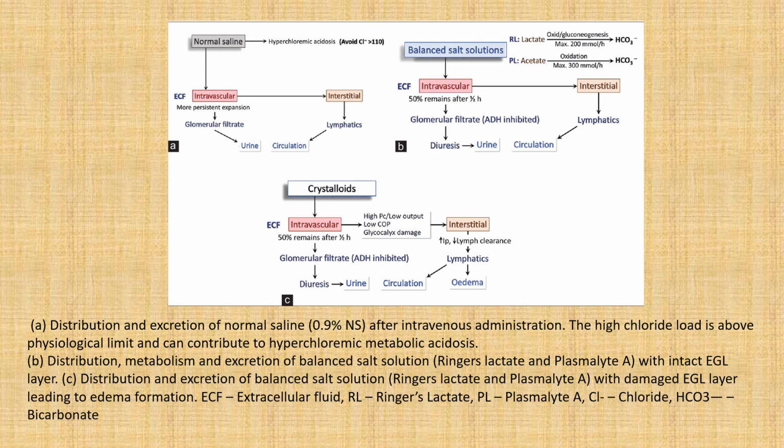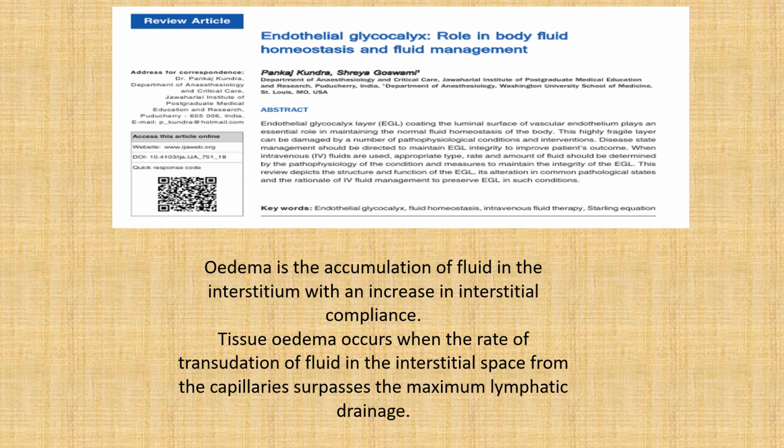Distribution and excretion of normal saline and balanced salt solution after intravenous administration, and with damaged EGL layer leading to edema formation. Edema is the accumulation of fluid in the interstitium with an increase in interstitial compliance, and the role of the glycocalyx in water homeostasis.